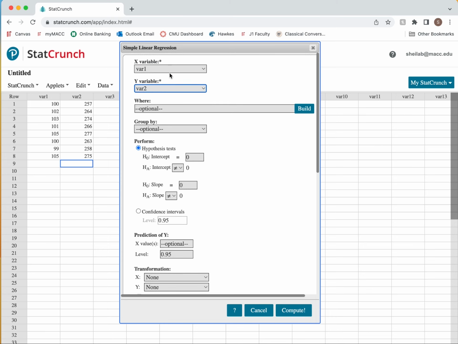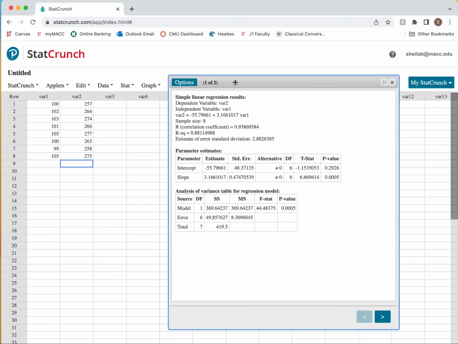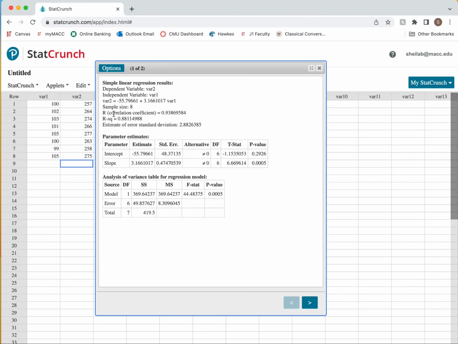We are only inputting this X and Y variable, then you click Compute. And when you click Compute, look at this right here. It even says correlation coefficient. The rest of this stuff we'll talk about at a different time. But for right now, we just want to focus on the correlation coefficient, and it's up here in the simple linear regression results. That's the value that you're going for.